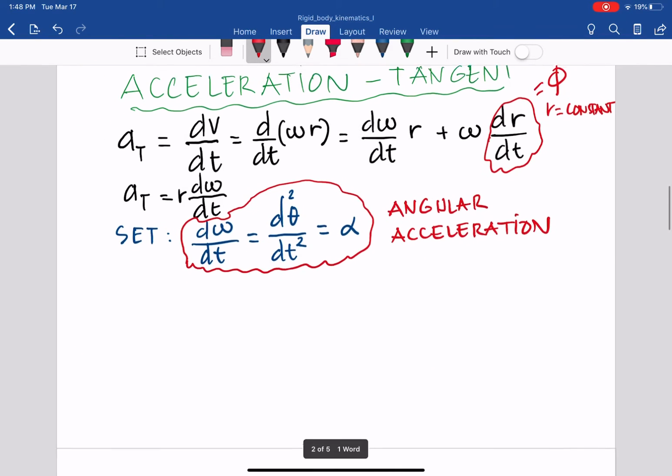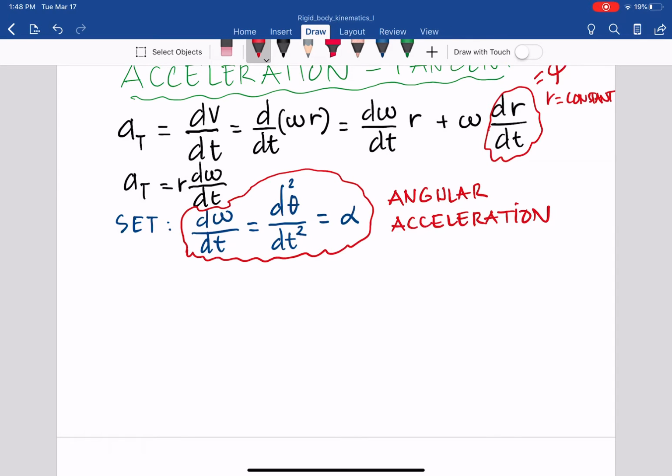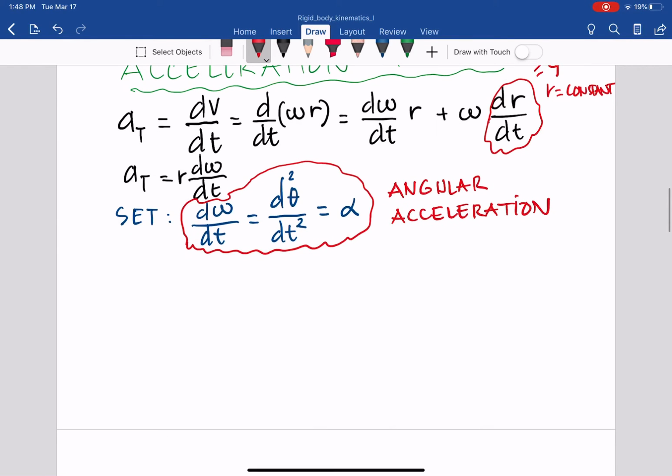So that concept is angular acceleration. We have velocity, we have angular velocity. Acceleration, we have angular acceleration. With that angular acceleration, we can have the unit.